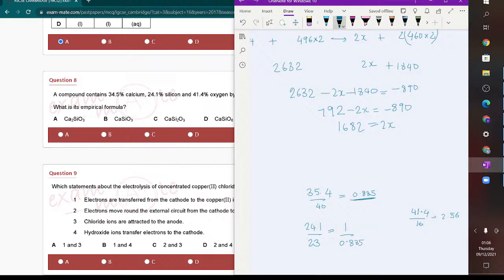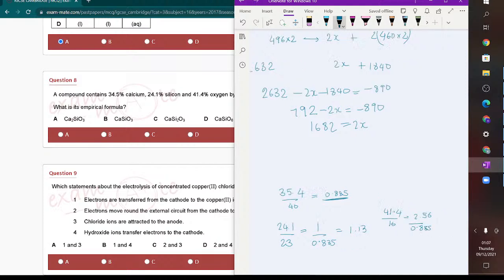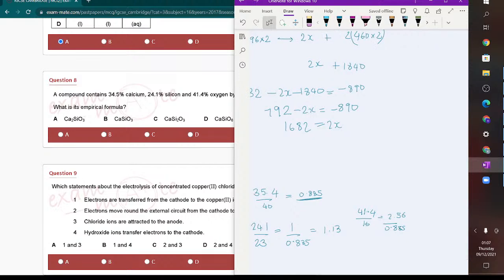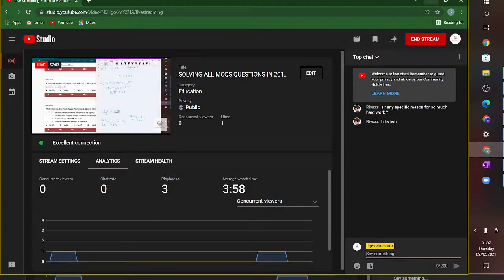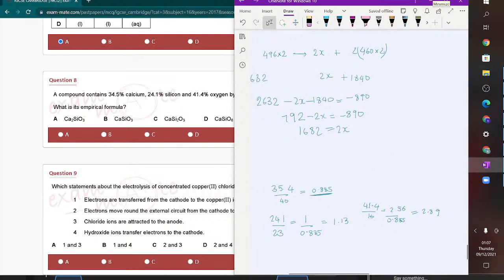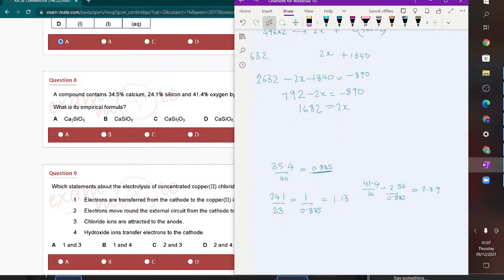I think the answer is going to be really weird. 0.885 upon 0.885 is 1, 1.13 upon 0.885 is 1.3, and 2.56 upon 0.885 is 2.89.